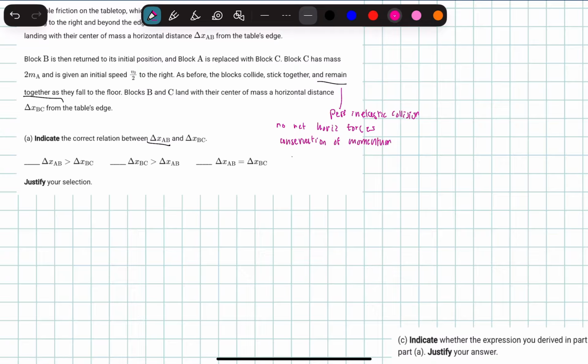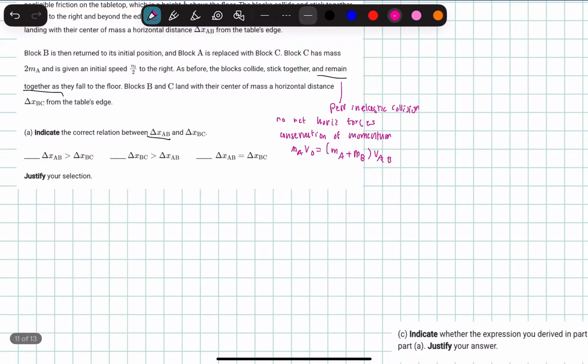That's MA, the mass of block A, times the initial speed, equals the total mass now that both blocks are stuck together, times VAB, since they're moving together. If we solve for the post-collision speed, VAB is equal to MA over MA plus MB times V initial.